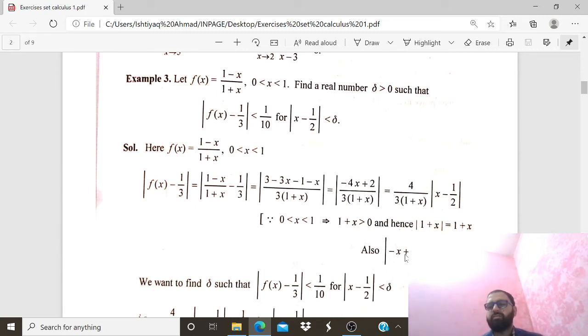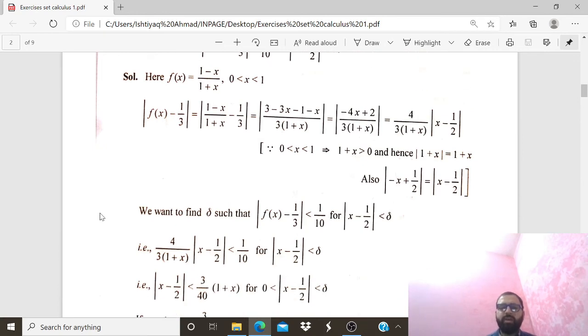So you can take mod of minus 1 outside, and you will get another factor, mod of x minus 1 by 2. But whatever you have taken outside, mod of minus 1, turns out to be 1. So you are left with only mod of x minus 1 by 2. That means you can write the mod of minus x plus 1 by 2 as mod of x minus 1 by 2. So that's fine.